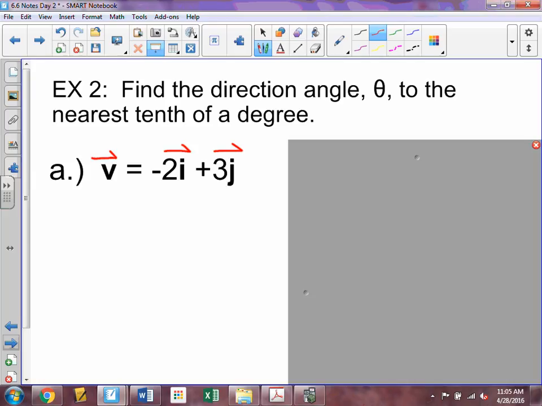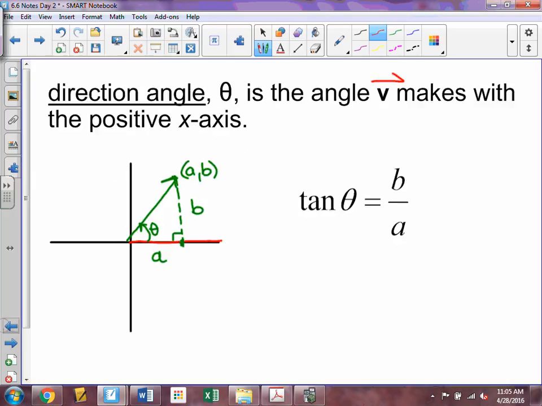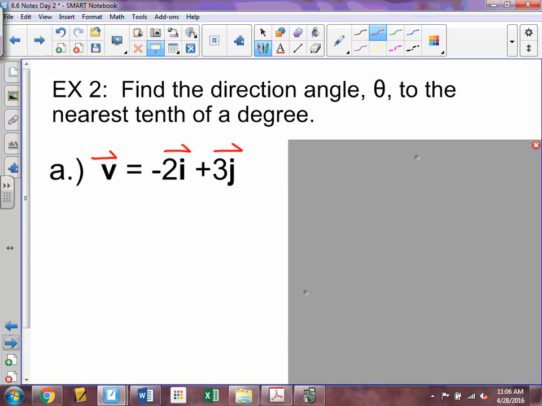Quadrant 2. So if it's in quadrant 2, what should my direction angle be between? What two numbers? 90 and 180. Here's 90, here's 180. So you better not give me an answer unless it's between 90 and 180. Otherwise it's wrong. Okay, so I encourage you to draw a picture.